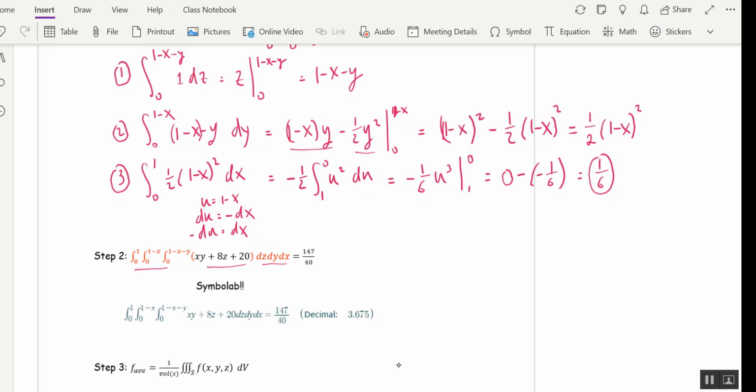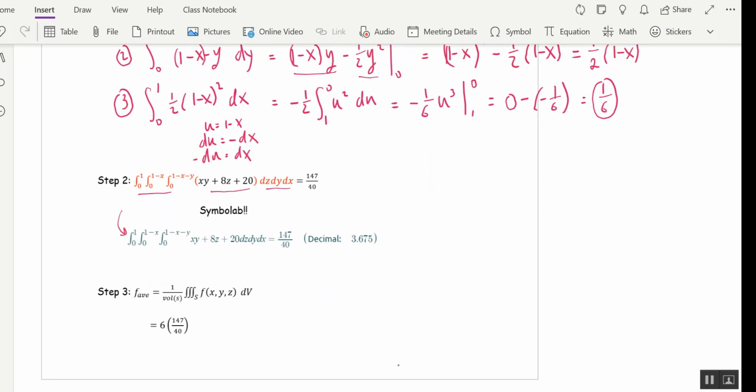I strongly suggest you use Symbolab. That's what I did. It will do triple integrals. Here's an image right here. And it gave me a fraction and a decimal. And so then to do the final step, which is F average, I take 1 over the volume. 1 over 1/6 is 6. And then I take the answer from my triple integral and put it here, and I multiply, and bam, there's my answer. Okay, and that is the end of this section.